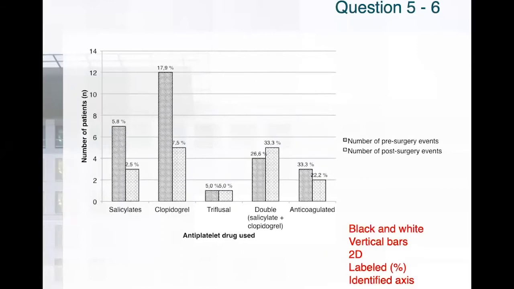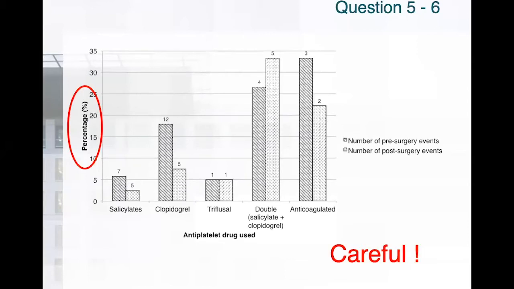Instead, if you use the count of patients, the reader is not going to know exactly how the total size of each group is distributed. And so in this second way, you can always put the count at the top of each bar for adding extra information, but always identify what each axis is referring to, because if not, it can be confusing.